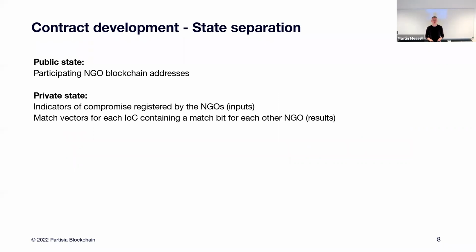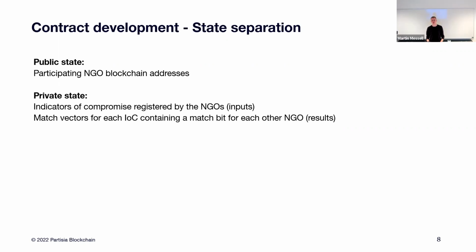So the first thing we do when we want to develop a smart contract that can solve this problem for us is to separate state, essentially which information can be public and what should be private. In this case, we want to have the blockchain addresses of the participating NGOs public. This allows us to limit the access to specific invocations to the contract, meaning that we can assert that only participating NGOs are inputting IOCs to this computation.